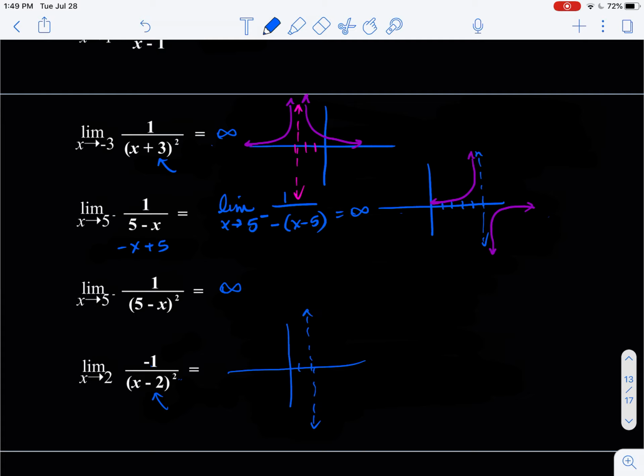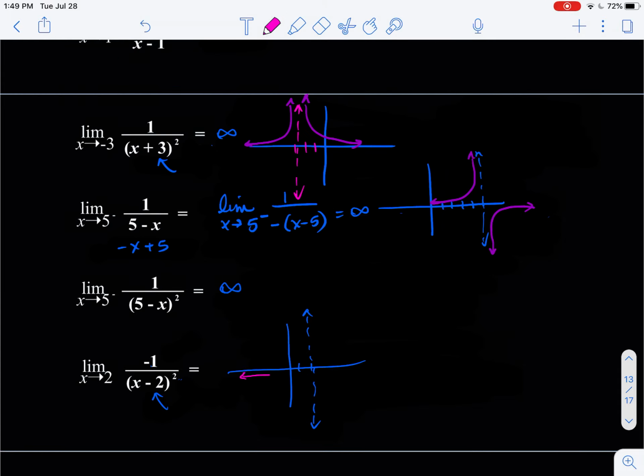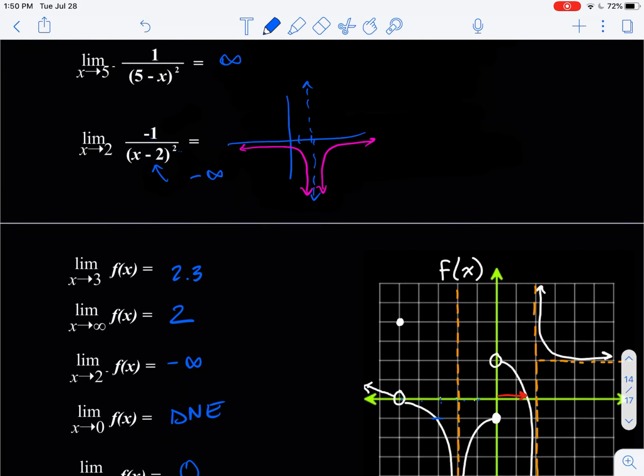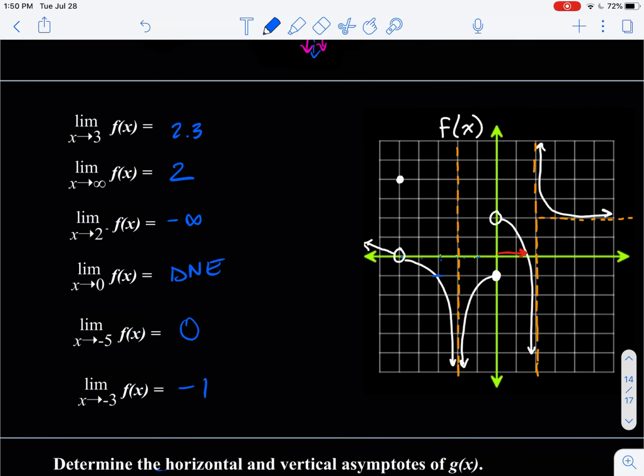So this one's going to be something like this. Here's my vertical asymptote at 2. That's the horizontal shift to the right. And we're reflecting over the x-axis. So our graph is going to look something like this. Okay, so the limit as x approaches 2, we could say negative infinity or does not exist.